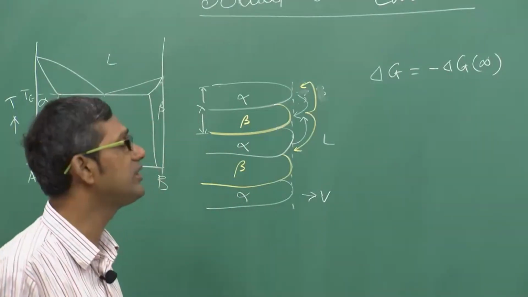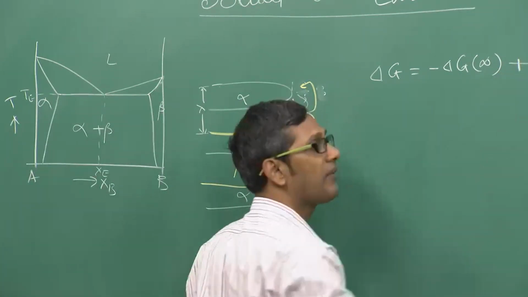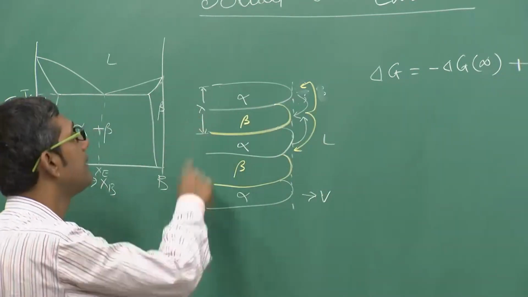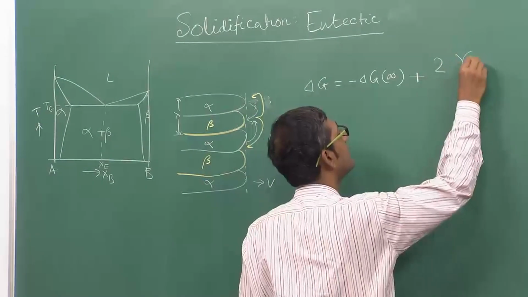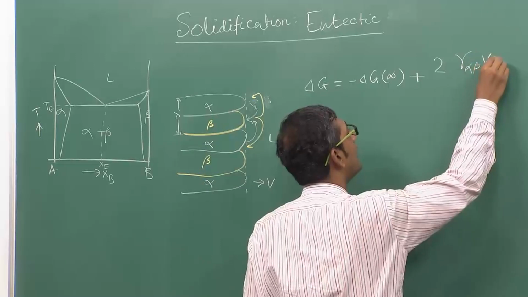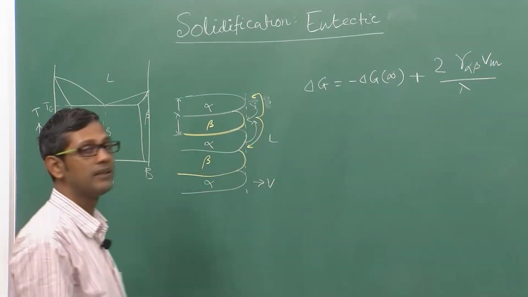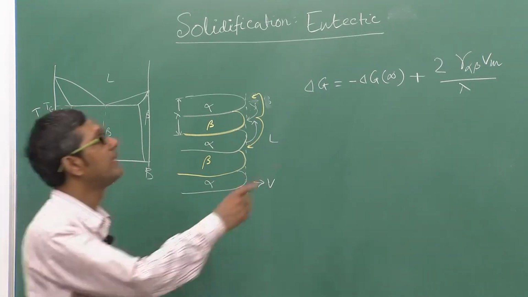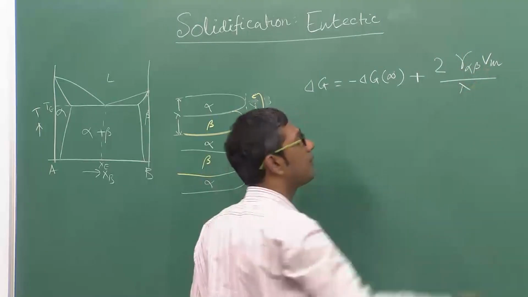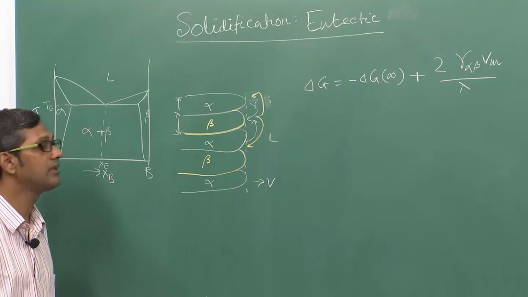Plus, when you have a finite value of lambda, then this interfacial energy term has to be taken into consideration, and this is the way this energy is evaluated. It is equal to 2 by lambda multiplied by the interfacial energy between alpha and beta multiplied by the molar volume of the eutectic.